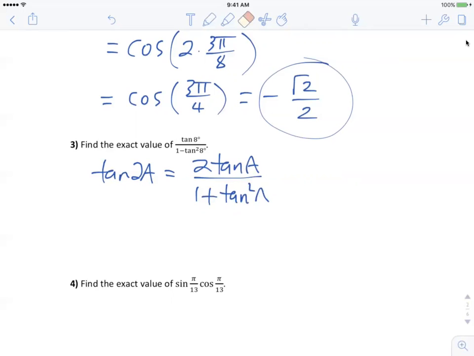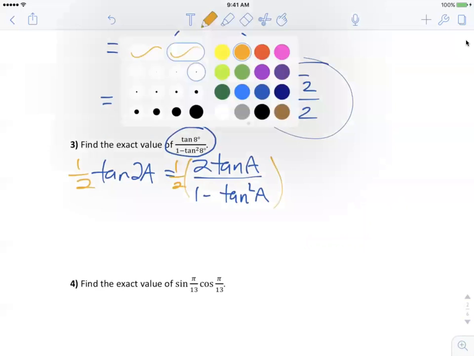What am I doing? Okay, minus. Okay. So this expression does not have that 2, but I can manipulate this identity. I can multiply both sides by 1/2 to get rid of that 2 on this side. Right. And then that's going to cancel that 2 out.